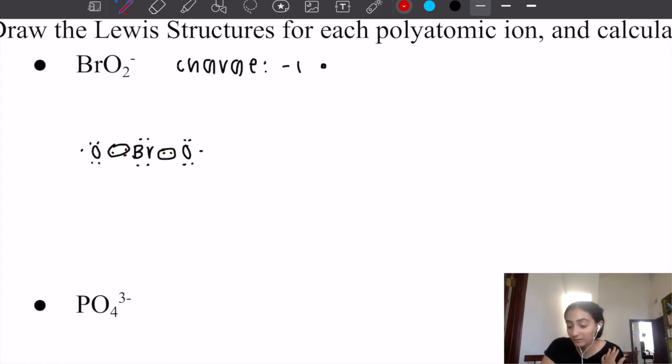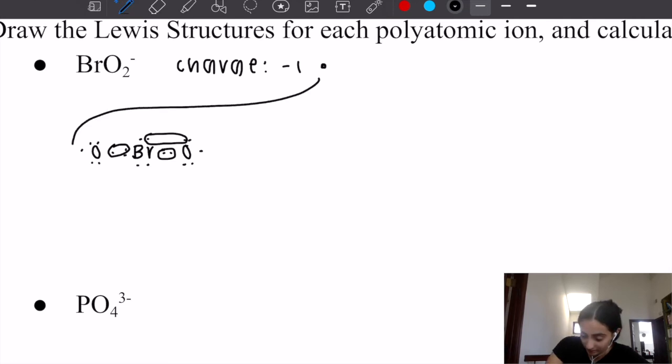And we have 1 extra electron. So what we want to do is double bond the bromine to one of the oxygens and add the electron that we have left over to the other oxygen. So you can choose either one. I am going to double bond the bromine to the oxygen on the right, and this electron I'm going to bring over here. So now I'm going to redraw this.